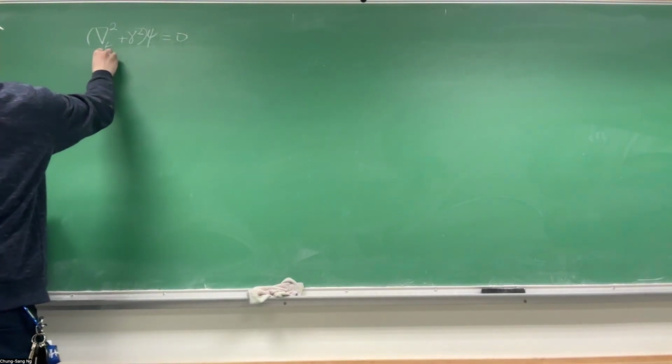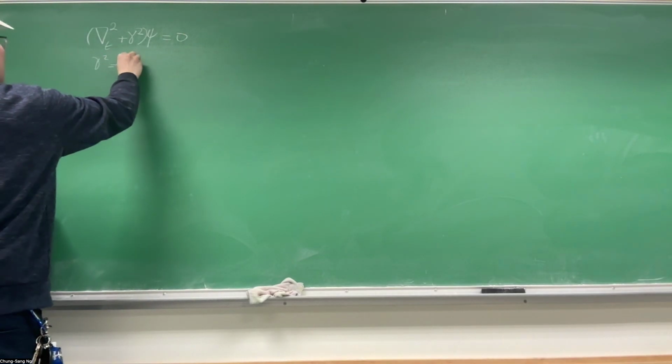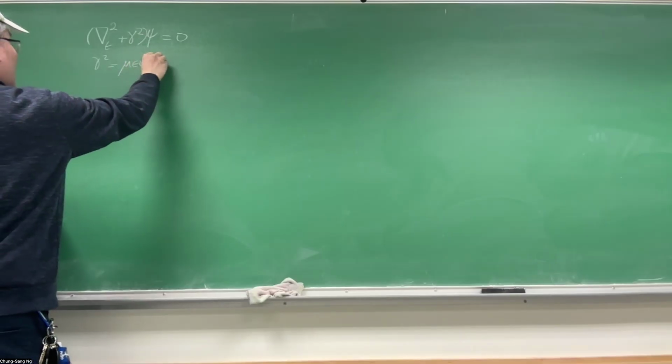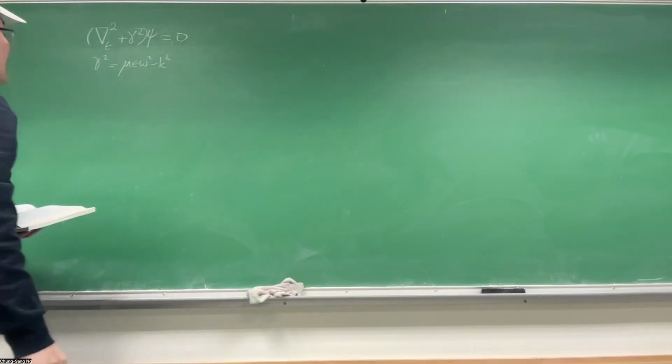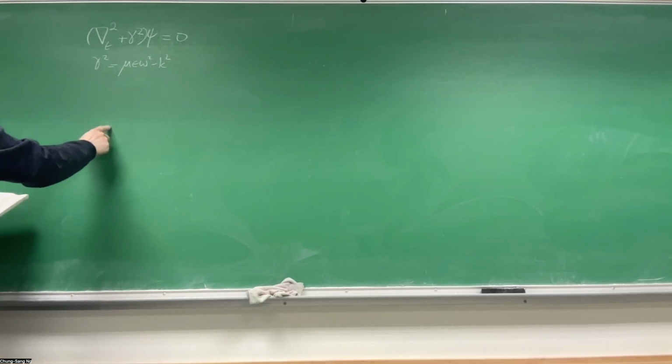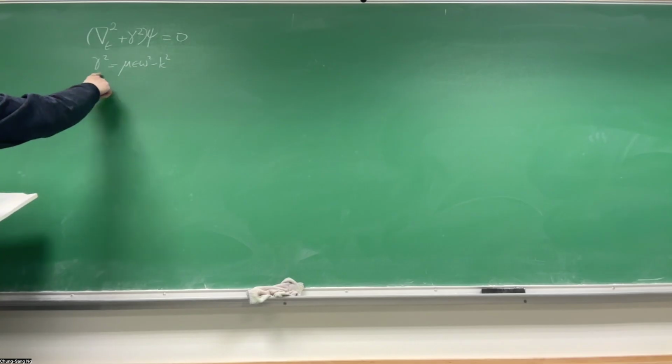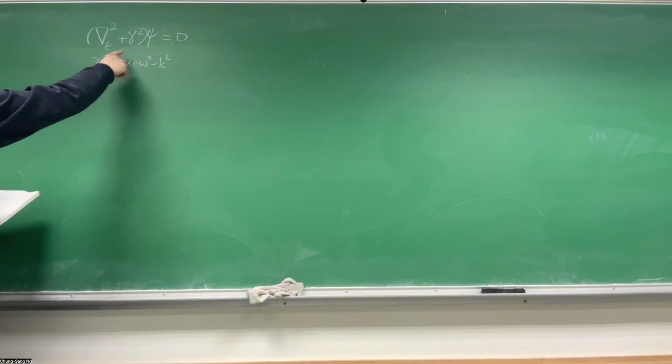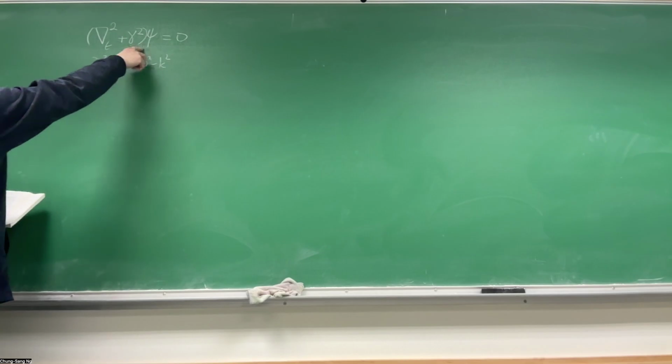And this gamma squared is given by omega squared minus k squared. Basically it's an eigenvalue problem, because we need to solve for what gamma will be able to find a solution psi.